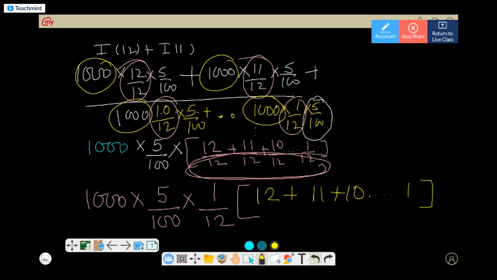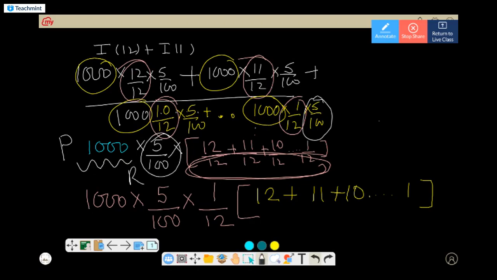Okay. So what we have done is add all the monthly interest, but rather than doing it individually, we're taking out common terms. 1000, which is nothing but your P, is common. Your rate of interest is common, so that 5 by 100 is also taken out.